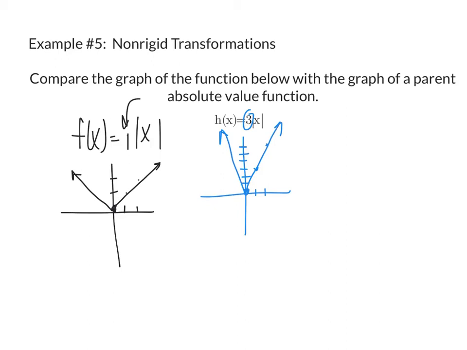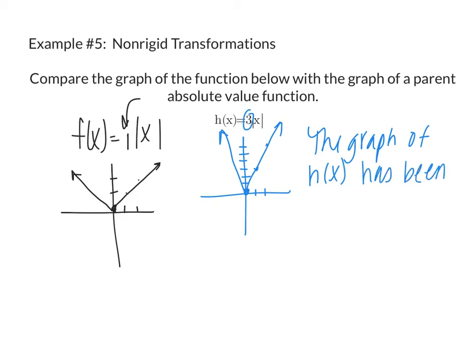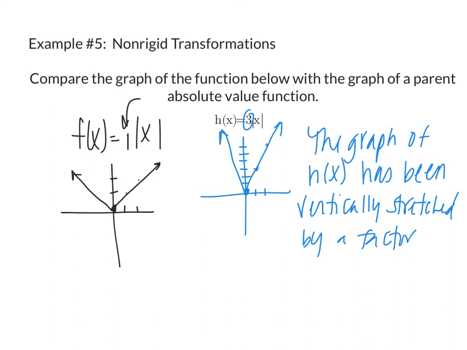The way we will write that is: the graph of h of x, which is the new one that we wrote, has been vertically stretched by a factor of 3.